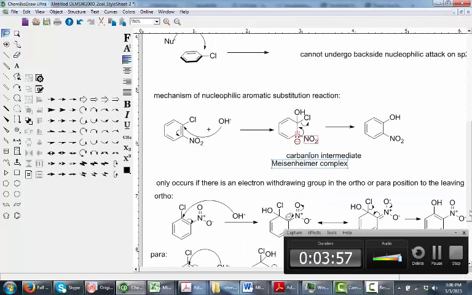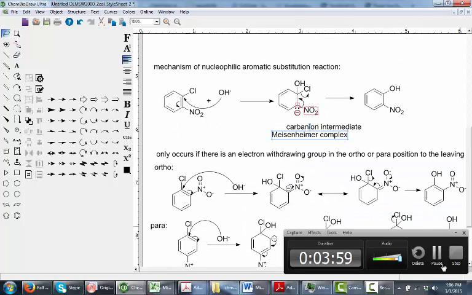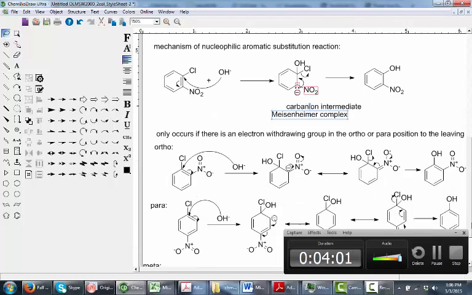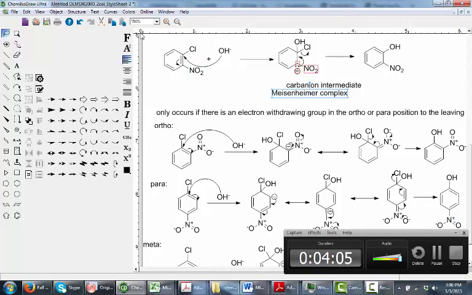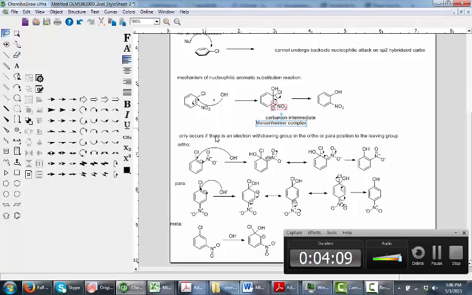Like electrophilic aromatic substitution reactions, these reactions also have strong regiochemistry preferences. What I mean by that is they only occur if there is an electron withdrawing group in either the ortho or the para position to the leaving group. We can go through why that is the case.